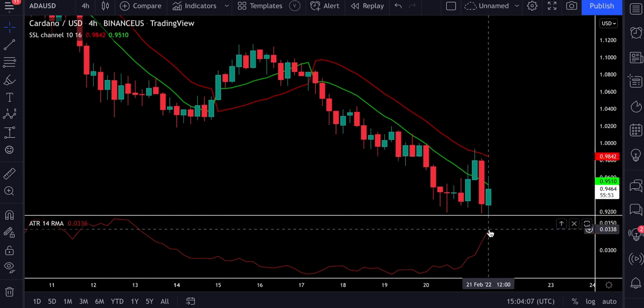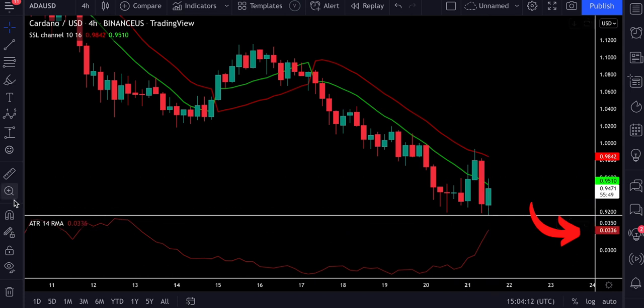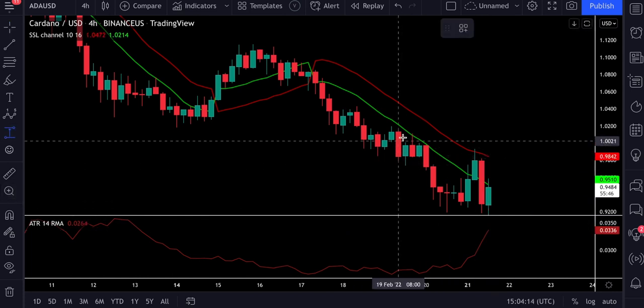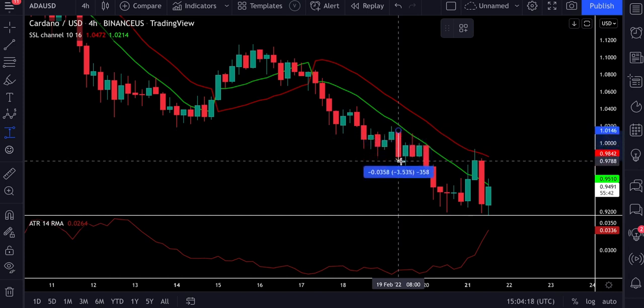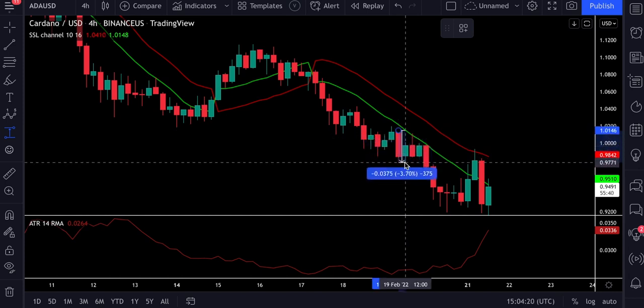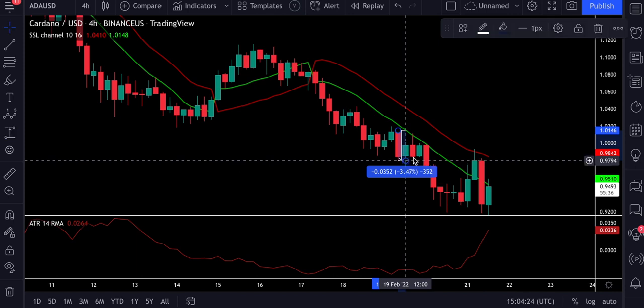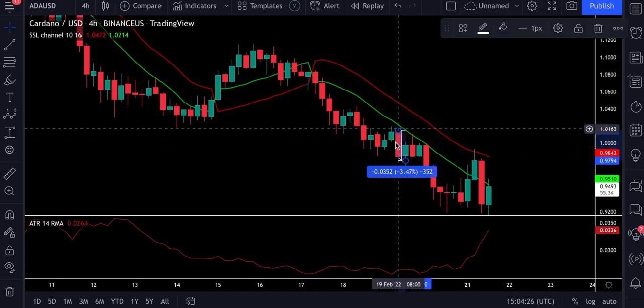The current value sits at 0.033. If we take a look at the price range of an average candlestick, it's sitting at 0.037. So this is pretty much the average length of a candlestick during this time period.